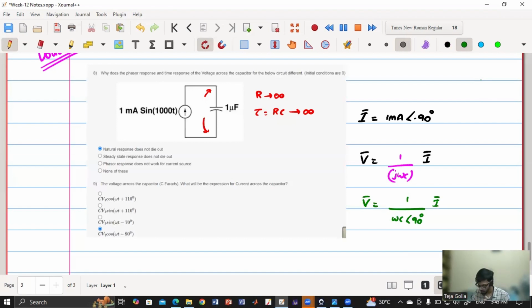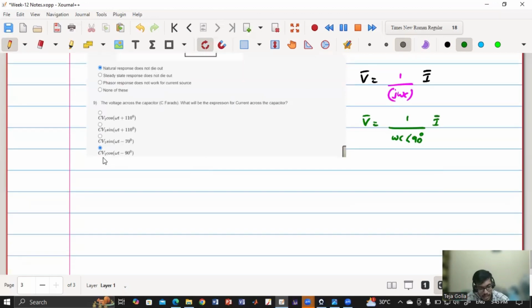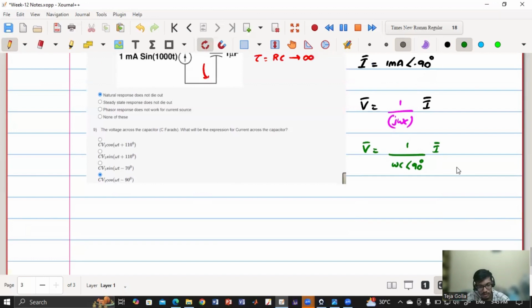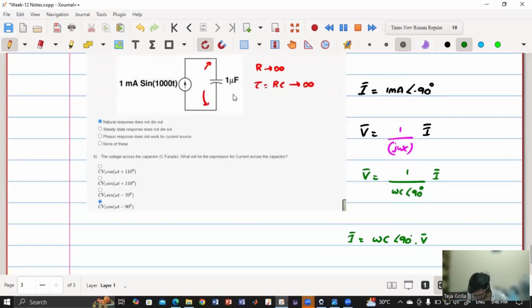Even if we assume that they are asking for V1 only, then what can we do? I bar is equal to omega c angle 90 degrees into V bar. Omega is 1000, and c is given, but they are asking in terms of V1. But V is also unknown.